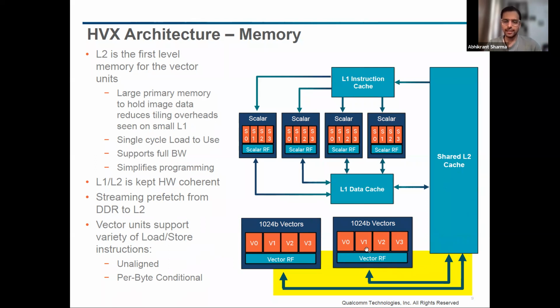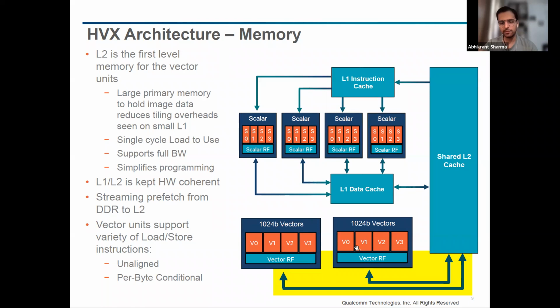The Hexagon DSP and the vector engine allow us to get data from unaligned loads, which means that even if the memory address is not a multiple of 128, the data can still be fetched and loaded. And you won't see crashes or anything like that. The hardware is capable enough to gather unaligned data.